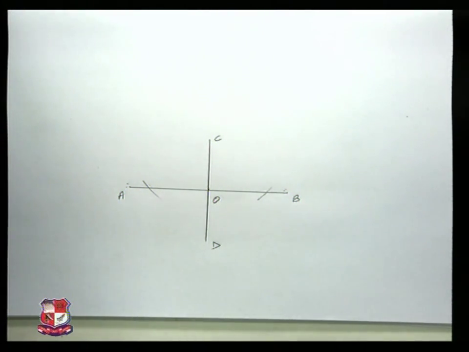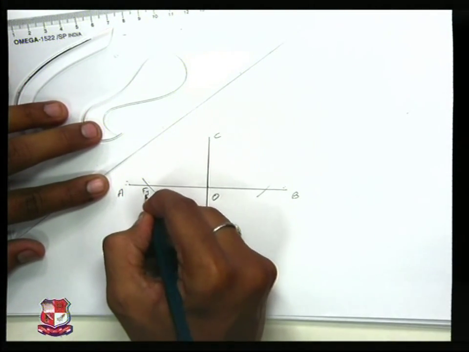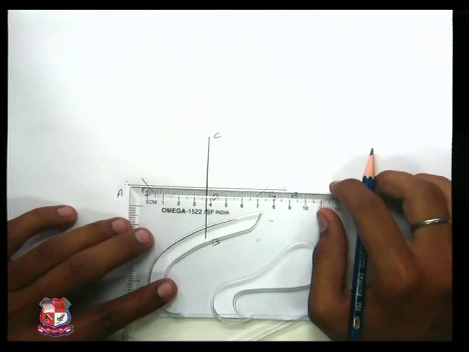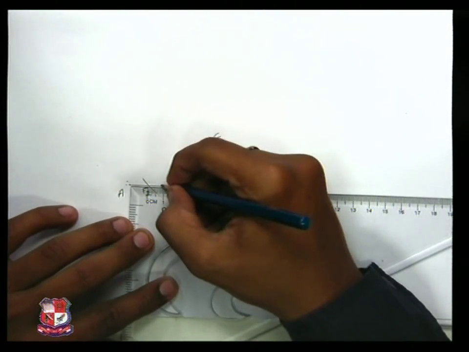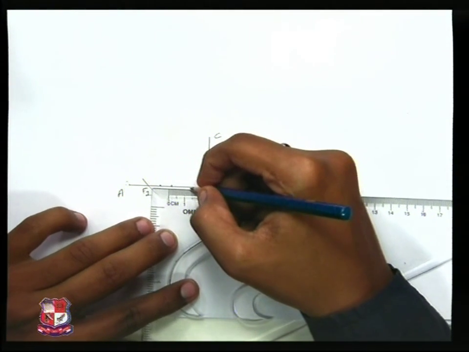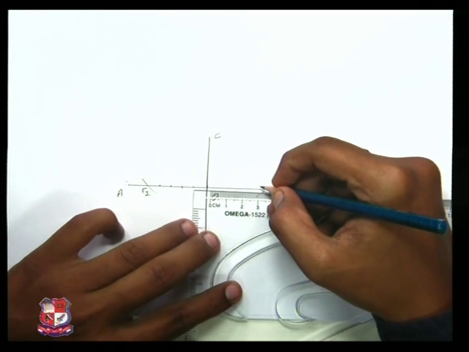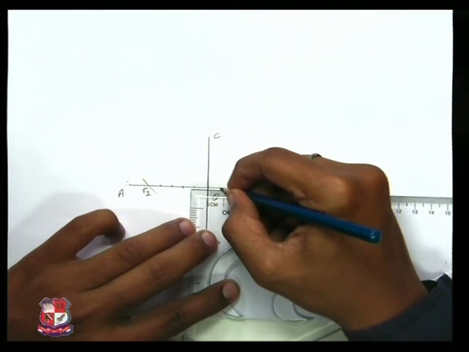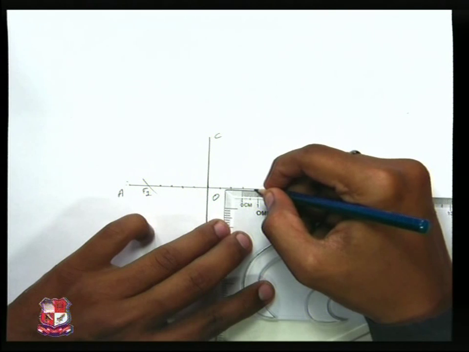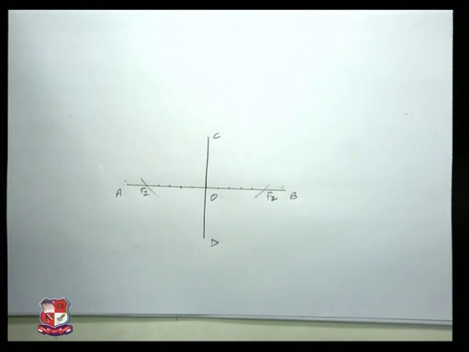Now we need to divide OF1 and OF2 into 5 equal parts, which comes around 40, which means we need to divide this line into 8 mm divisions, into 5 equal parts. Likewise, the parts have been divided.